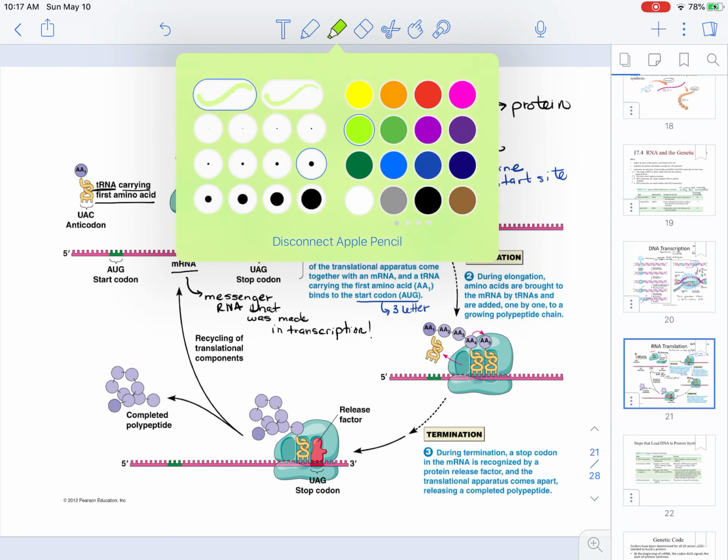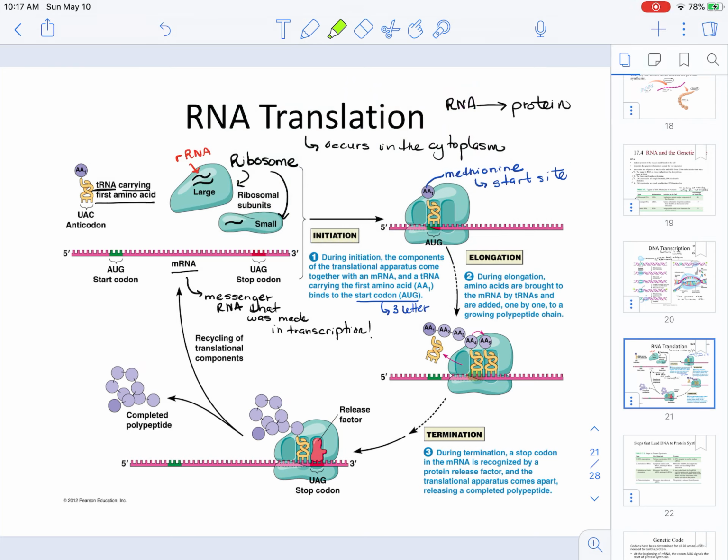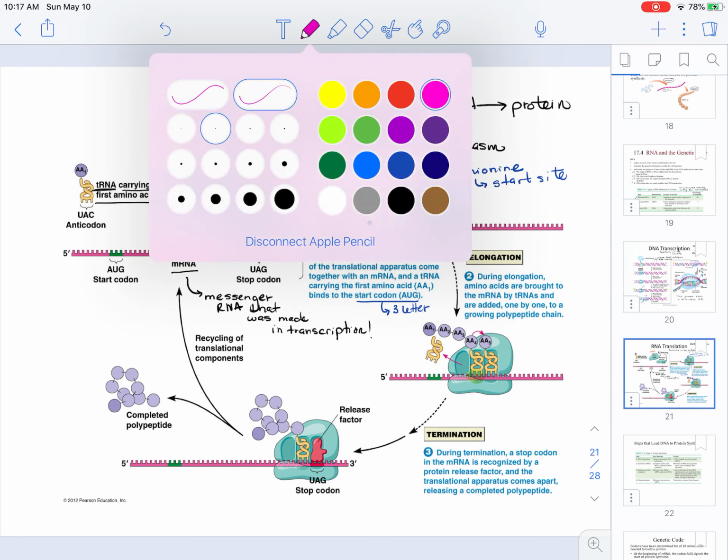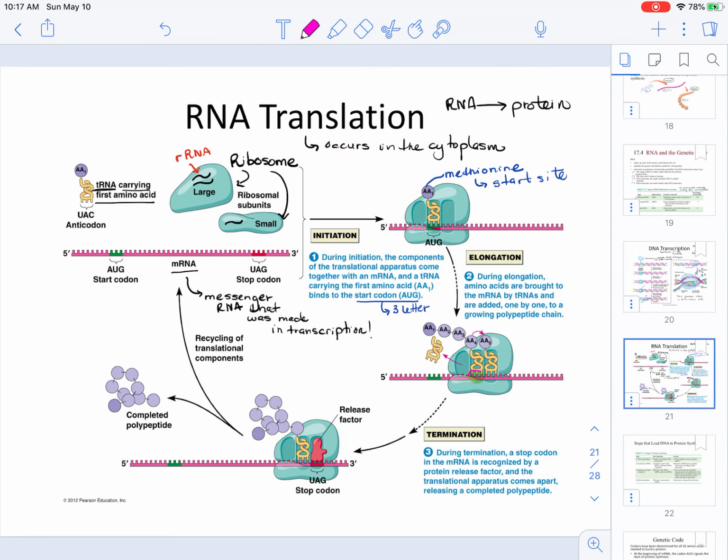Let me try green. So here, it is a little bit hard to see. Maybe I'll use my pencil. So here, what I circle in magenta, the tRNAs are going to identify codons in the mRNA, and that's how it's going to know that the correct amino acid is incorporated, okay?